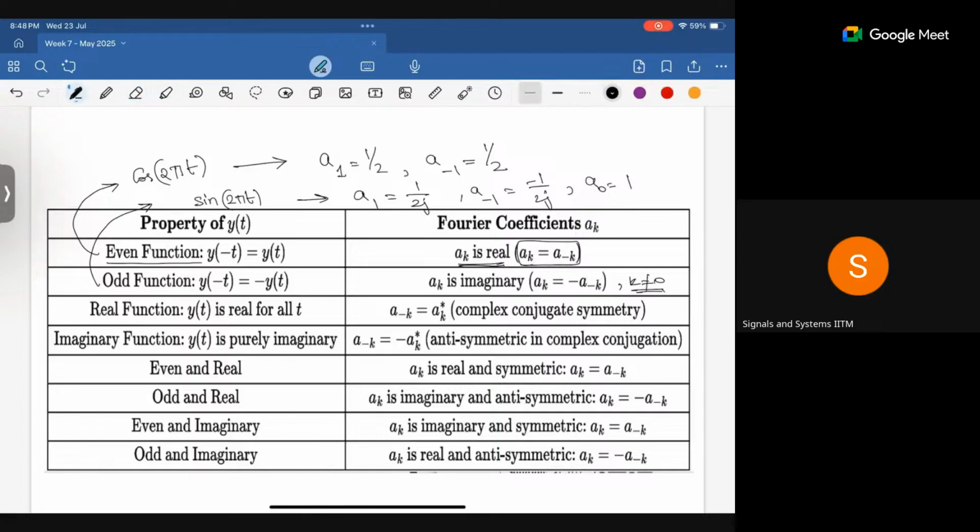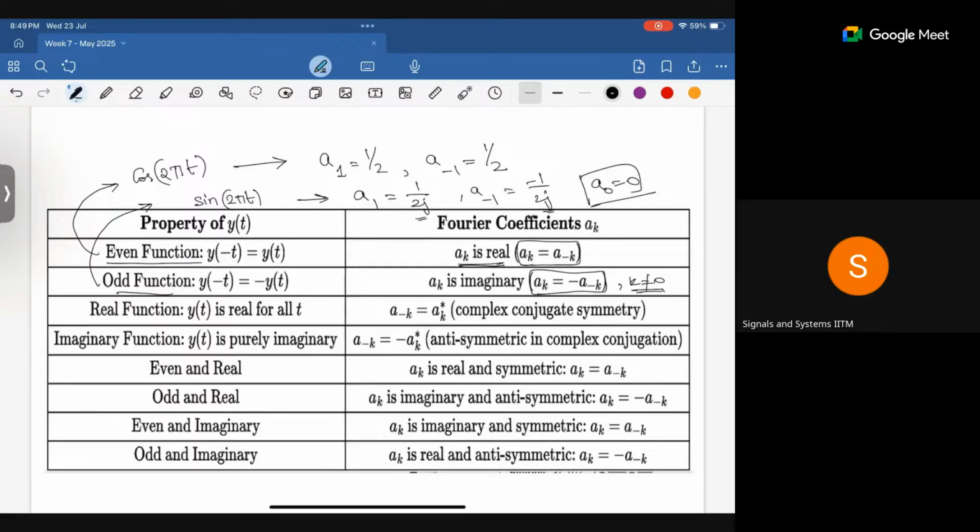Sine 2 pi t is odd. If you just compute sine 2 pi t's coefficients, you will not get a0. So if it is an odd function, a0 will always be 0. And all your aks will be imaginary. You can see here also a1 and a minus 1 that we have computed are both imaginary, and there is a sign difference. That means they are also odd. If it is an odd signal, my Fourier coefficients will also be odd.